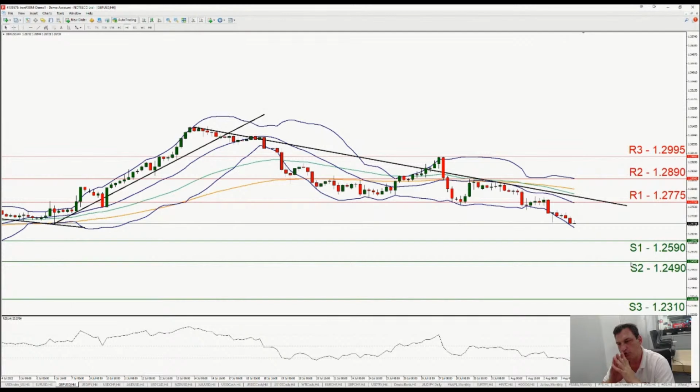Another factor which we should keep an eye out for would be the release of the US employment report tomorrow. So the whole situation becomes more tricky. On the one hand, we have today afternoon BOE's interest rate decision. On the other hand, though, I would expect that should the US employment report for July show a tighter US employment market than what the market expects, then we may see the pair actually sinking.